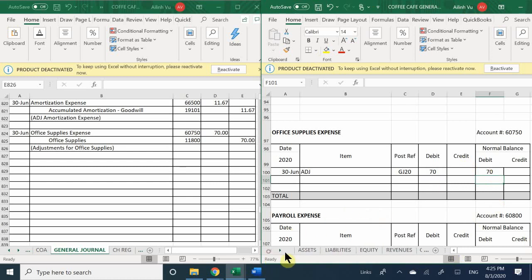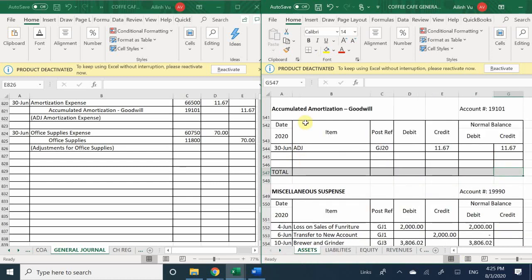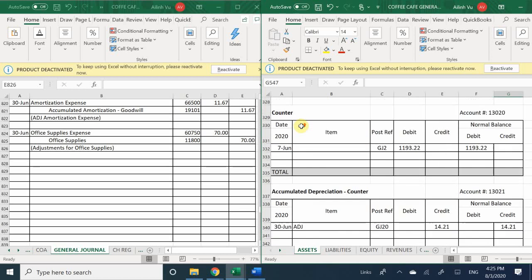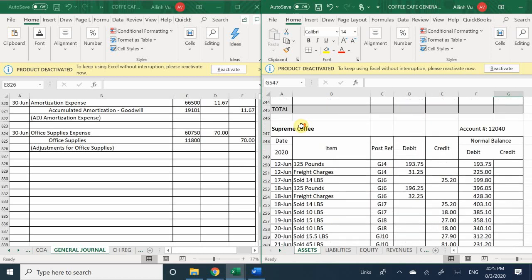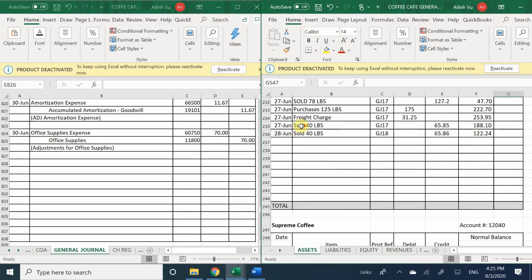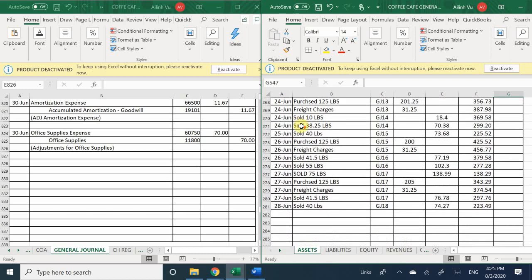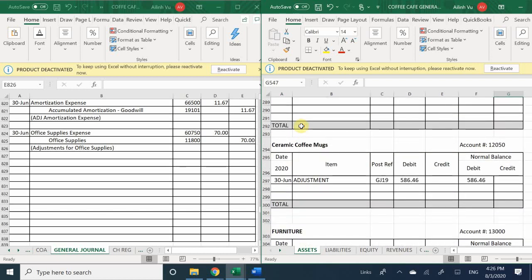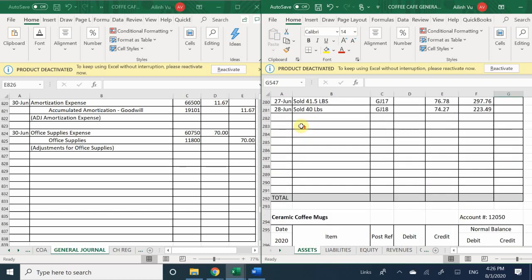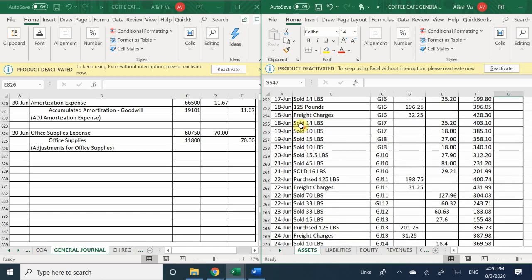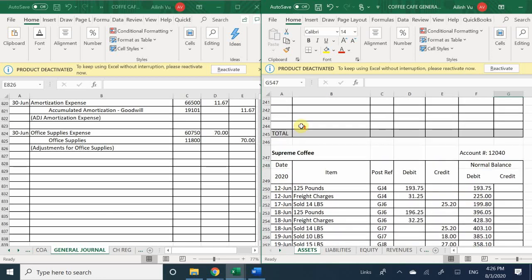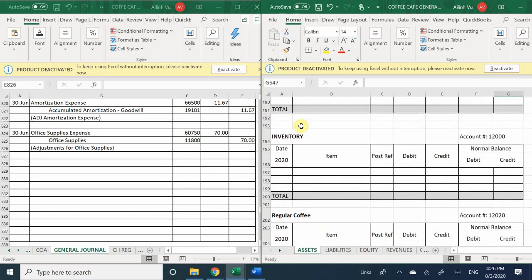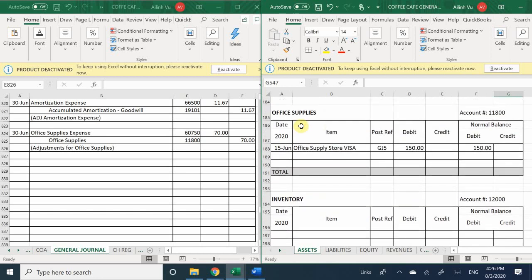And then we're going to go to our office supplies. I think office supplies is going to be page 7. Oh, wait, page 5 is the inventory, right? So it's going to be one more above that.